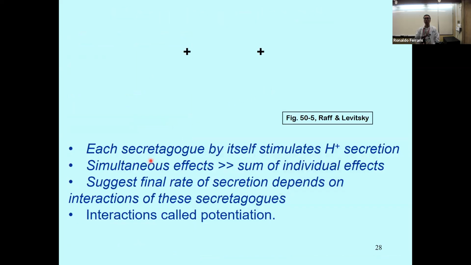So, Professor, I showed you three secretagogues, right? First, I showed you acetylcholine, second messenger calcium. So if you have a stomach with only acetylcholine as its signal, it will make acid by itself.